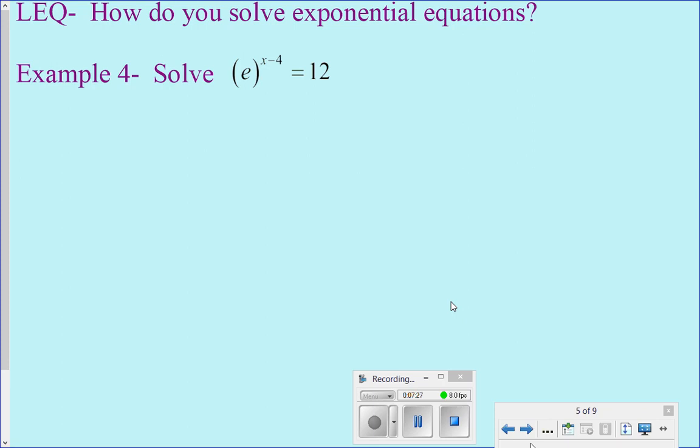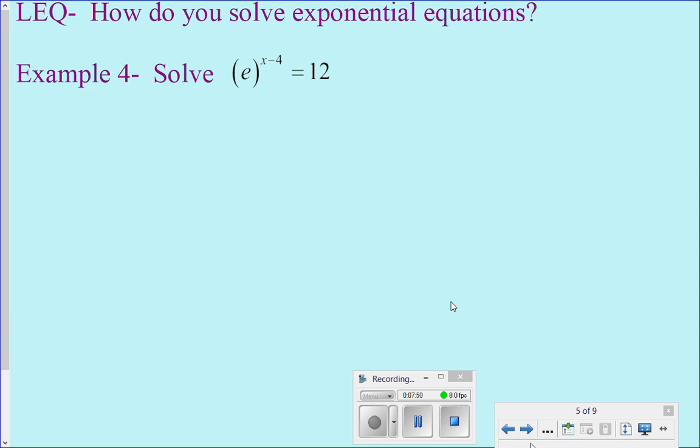So I'm going to solve this one in a similar way to the previous ones. I do see an exponential equation where I'm trying to solve for the variable exponent. So I am going to take the log of both sides. However, I'm not going to use log base 10 because this isn't using base 10. This is using base e. So I'm going to take the natural log of both sides. And the reason I'm taking the natural log of both sides is, again, because this has a base of e.